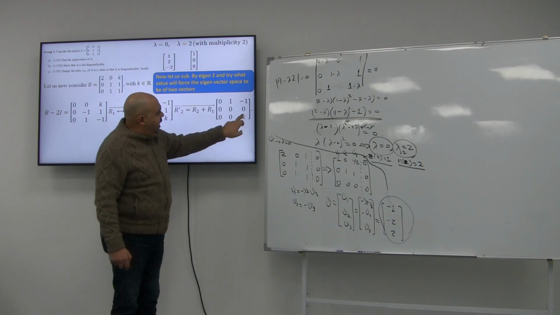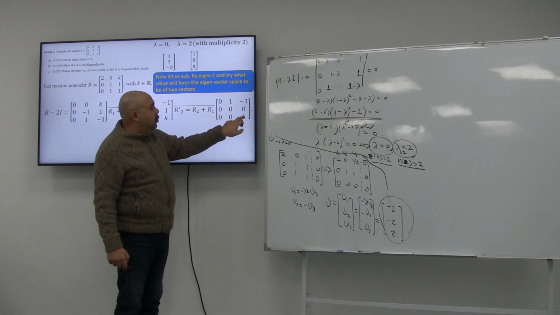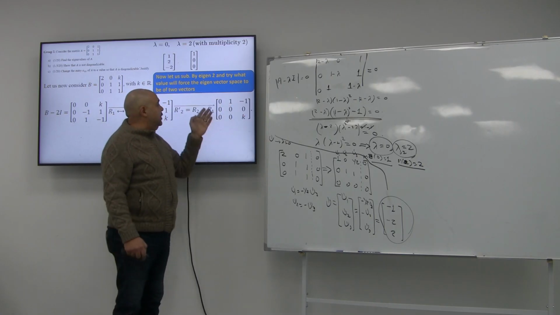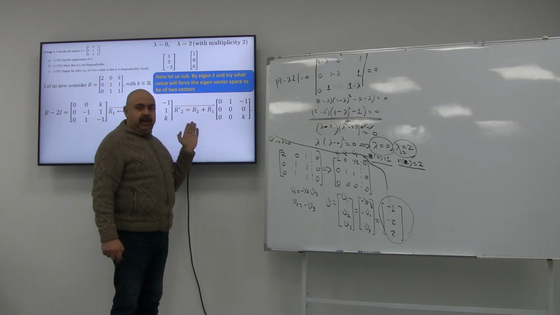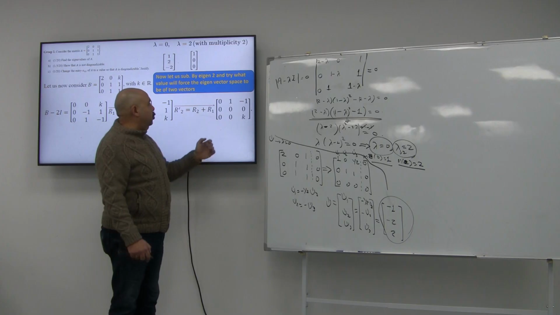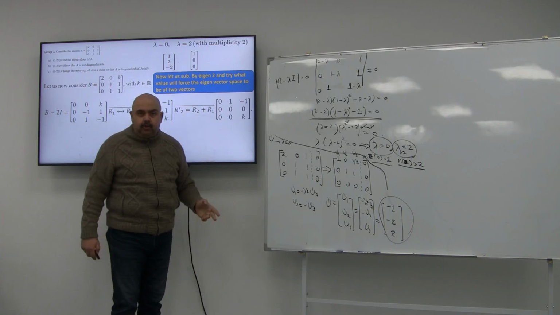Now, if k equals 0, then I will have a geometric multiplicity of 2, because in this case x will be a free variable, and also y will depend on the values of z.